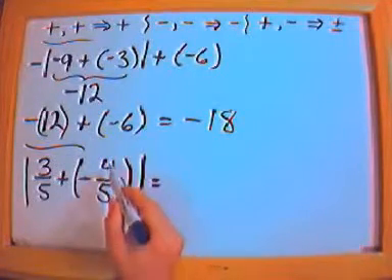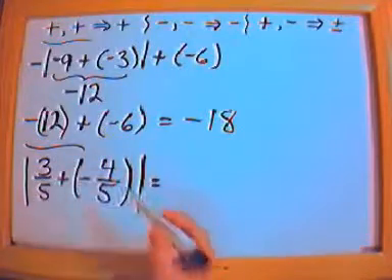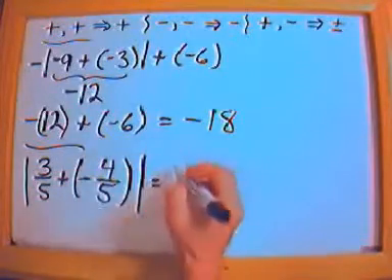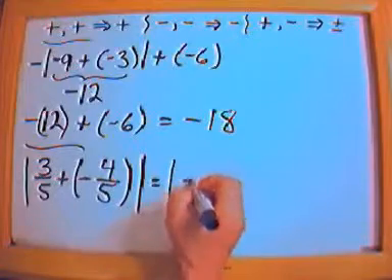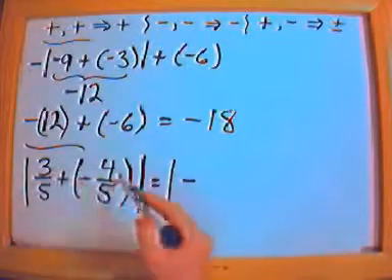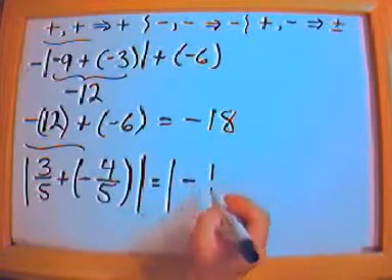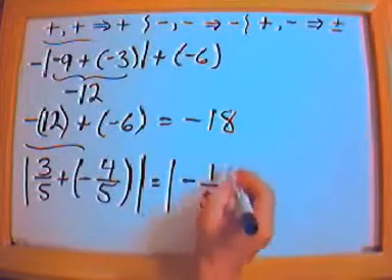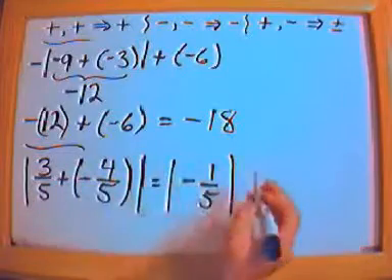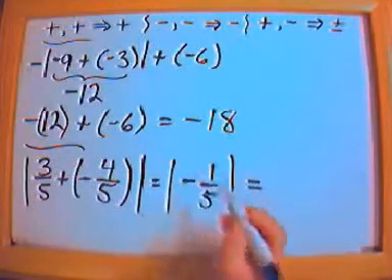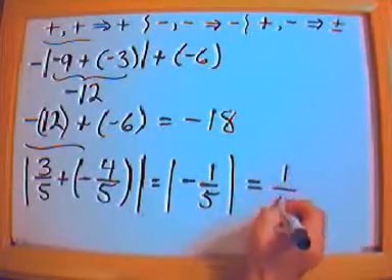And 4/5 is bigger than 3/5, so the answer is going to be negative inside this absolute value sign anyway. And then in order to get the actual number, I take 4 minus 3, which is 1. It's going to be 1/5. And all of this stuff is inside an absolute value sign, which takes any sign inside and makes it positive, so the answer is going to be 1/5.